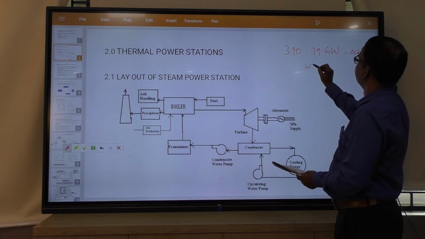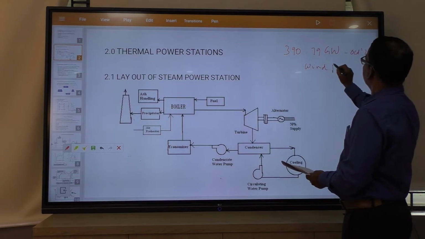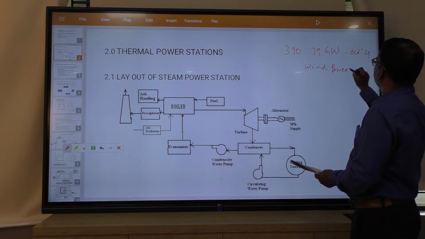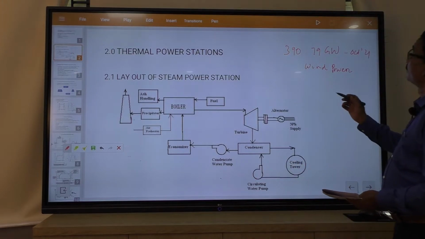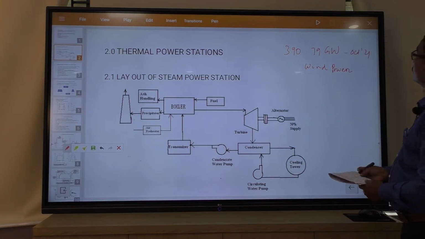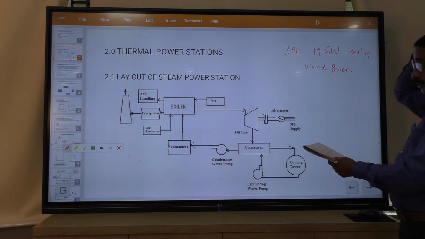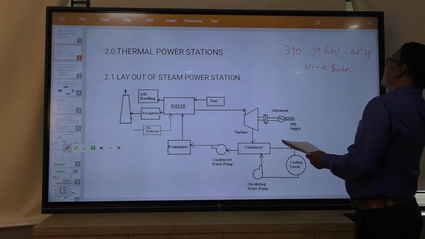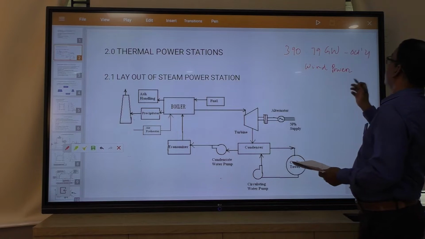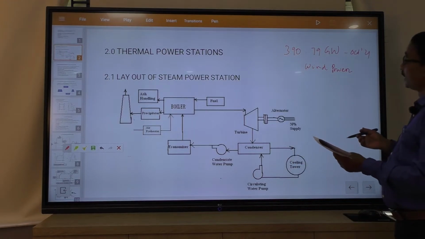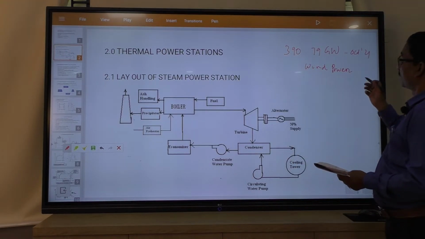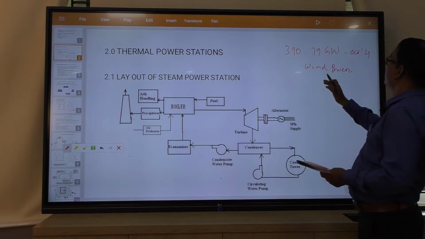Again, India is fourth in wind power, from which you get the electricity like a steam turbine. The windmill will produce the mechanical power, and here air is the working fluid, and we generate the electricity by generator similar to a steam turbine. Here the only difference is wind.